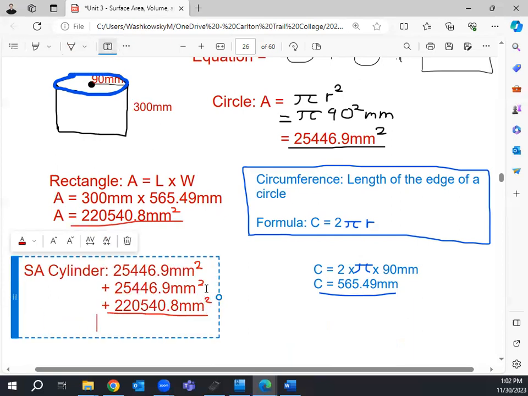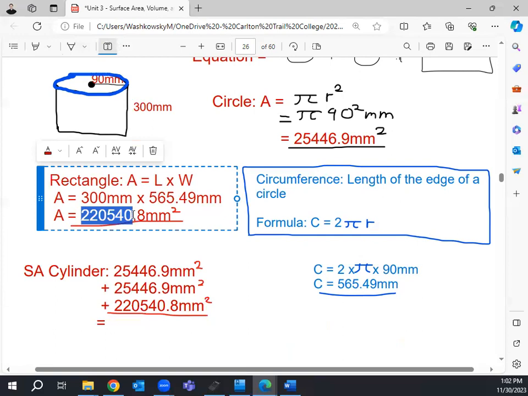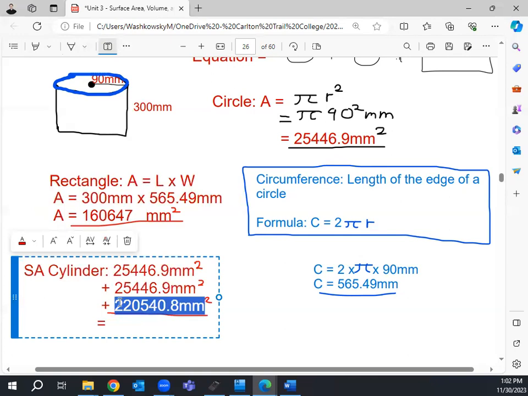So if I add all that up, it's going to be equal to, oh, sorry, this is the wrong number I've given you. My rectangle number was wrong, guys. I apologize. It's 169,647. I made a mistake there. So instead of 220,000, the rectangle is supposed to be 169,647.